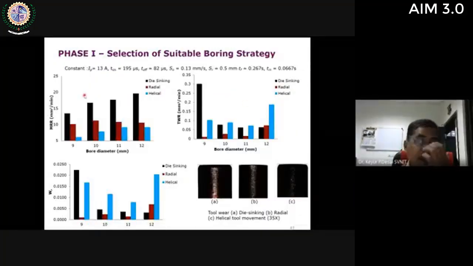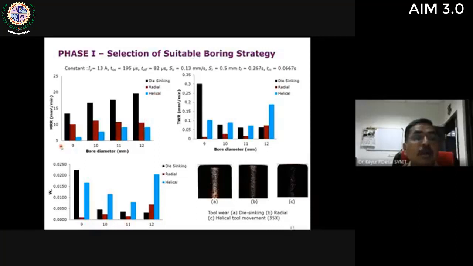For selection of suitable boring strategies, what should be preferred? So we carried out experiments with these operating parameters and compared material removal rate using die sinking, using radial, and using helical.